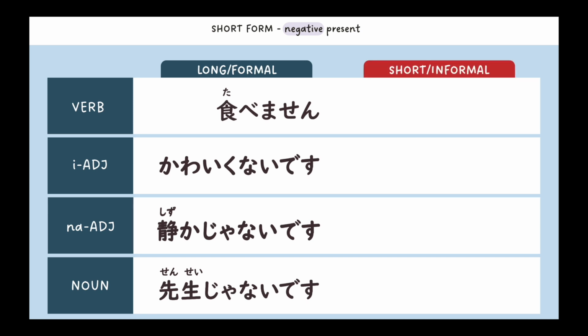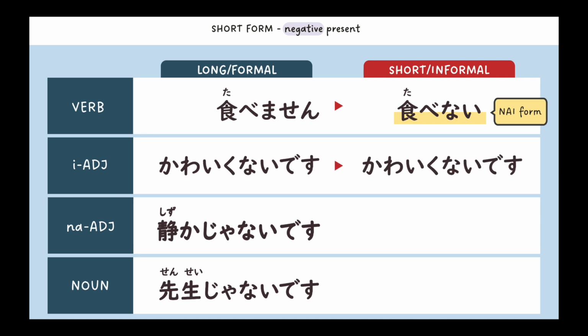The short form of the verb 食べません is 食べない, which is simply its nai form. If you are not familiar with nai forms, please watch the nai form video in the description. For e-adjectives, we only need to remove です at the end to get the short form. So the short form of 可愛くないです is 可愛くない.